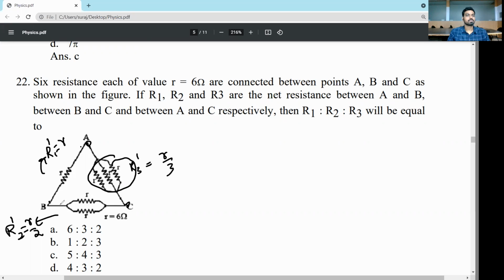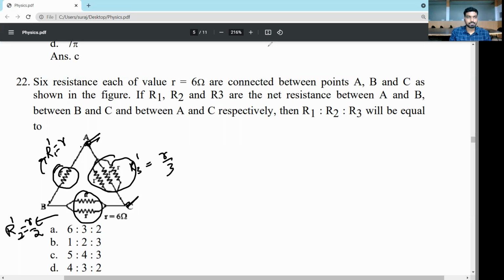This is R. These two will be in series. Like that, you have to find R equivalent. After that, you have to find a ratio. See, while you're finding between A and C, these three will be in parallel. These two will be in series, and these two will be in parallel, and this will be in series. So R by 2 plus R. Again, that will be parallel with R by 3. Clear? Like that you have to solve for each case.